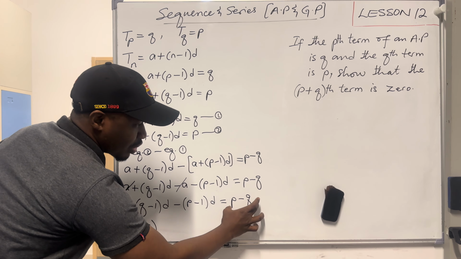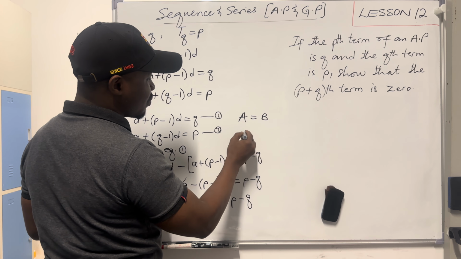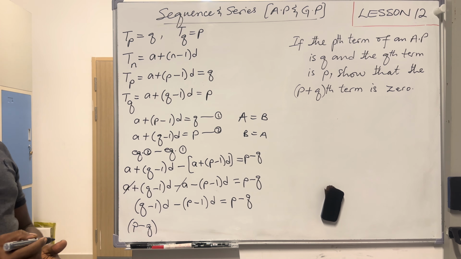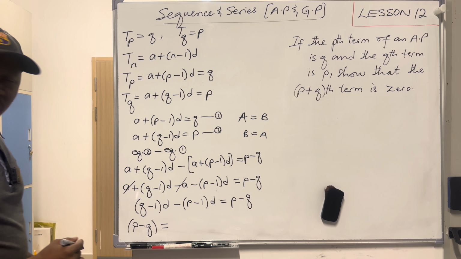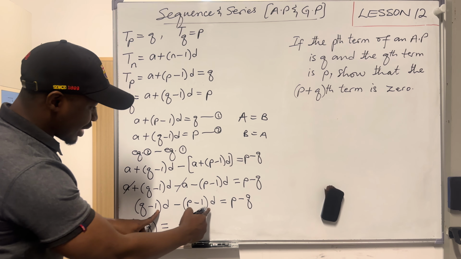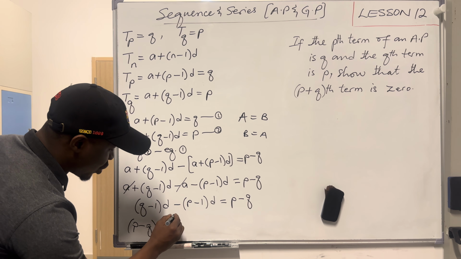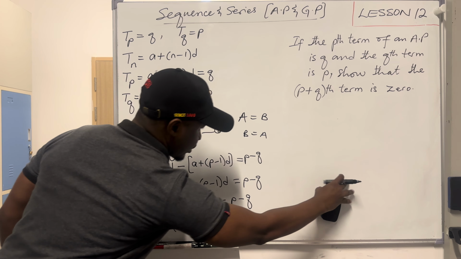Now I write this one. What I'm trying to do is, A equal to B, I can choose to write B first equal to A. So I am writing this before this side. So I have written the right hand side. Now coming to the left hand side, this term and this term have something in common. What? D. So see what I'm doing, I'm writing that D outside.